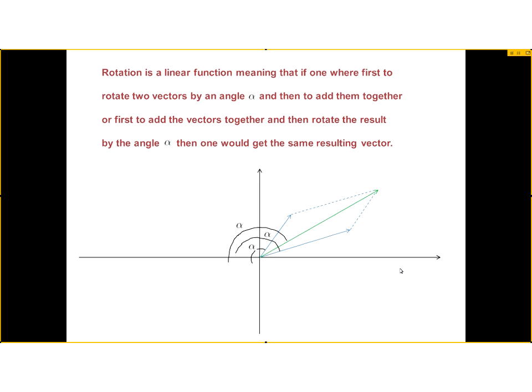So rotation is a linear function, meaning that if one were first to rotate two vectors by an angle alpha and then add them together, or first add the vectors together and then rotate the result by angle alpha, one would get the same result. So either you rotate first and add later, or add first and rotate later. Both are the same.